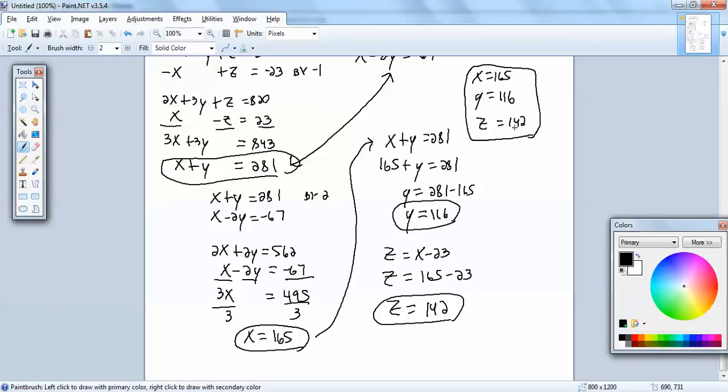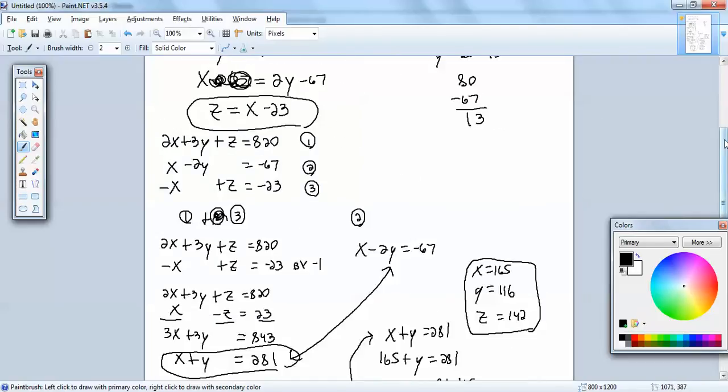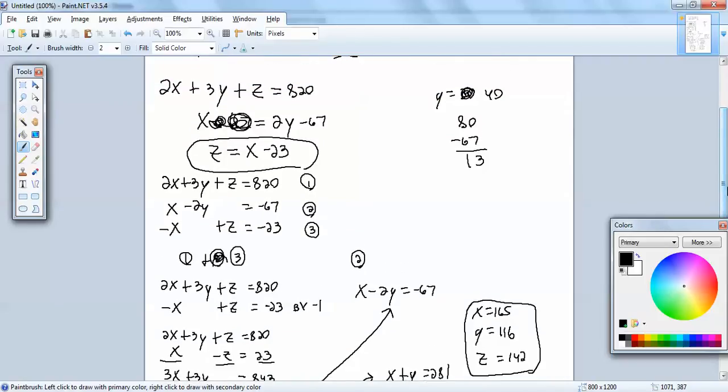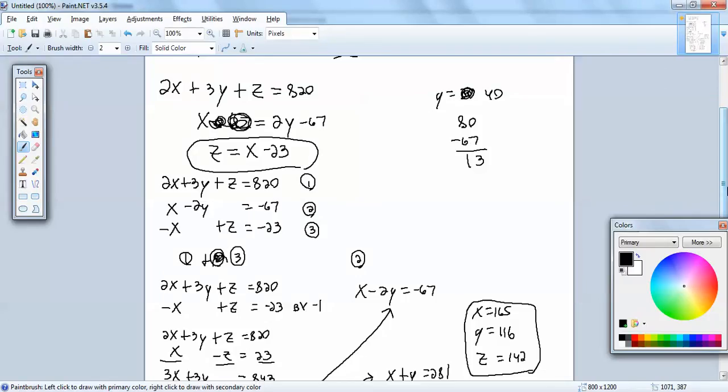Now let's go back and double check and see if that makes sense. Okay. Total points was 820. So if I take my two-point field goals, 2 times 165, plus my 3-point, 3 times 116, plus 142, gives us 820.